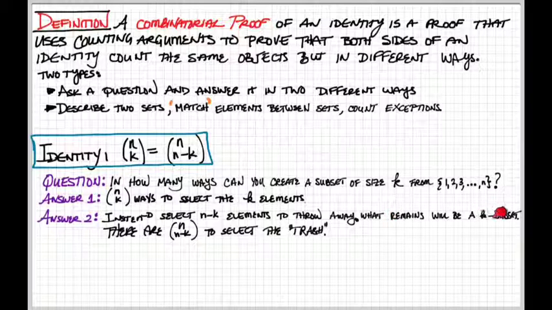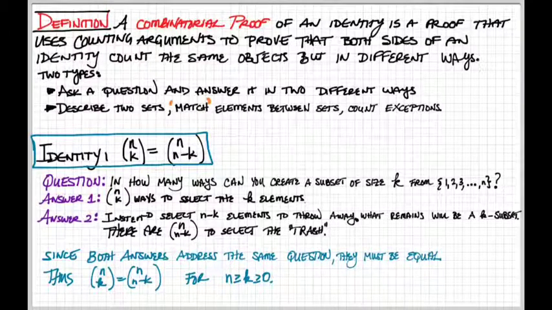What remains will be a k set, and there are n choose n minus k ways to select the trash. But you've ended up with a set of size k as a result. Because answer 1 and answer 2 are answers to the same simple question, we conclude that the 2 answers are equal. So n choose k equals n choose n minus k.